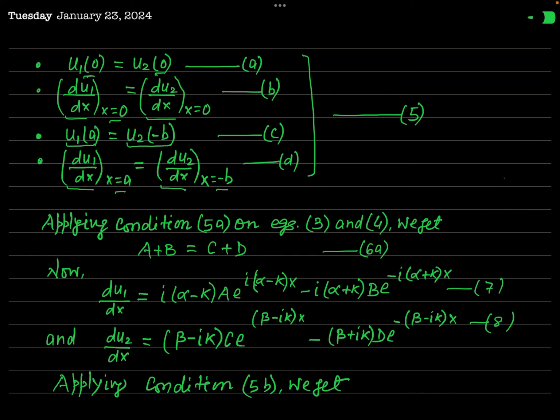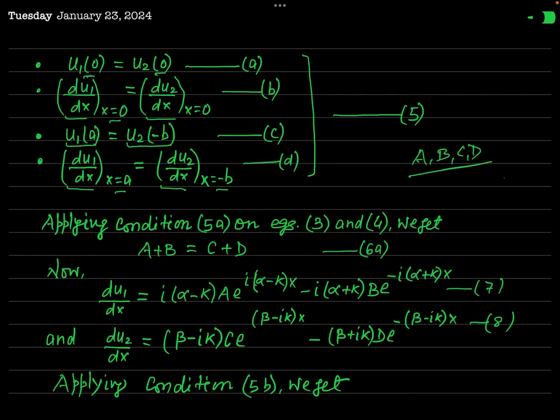So these are the four boundary conditions. Since we have to evaluate four arbitrary constants A, B, C, D, we need at least four boundary conditions. Using all these four boundary conditions we can evaluate the values of A, B, C and D.